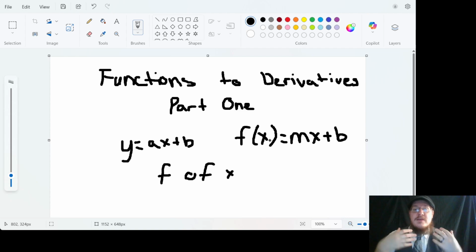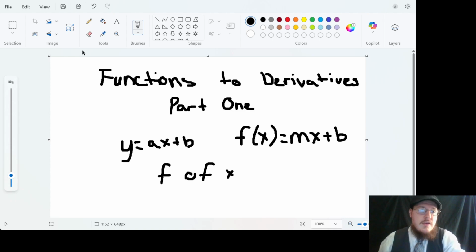Now, I'm doing this bit of intro here because we're going to be leading from functions into derivatives. We have to deal with these derivatives at some point in your schooling, and I'm going to just do a quick bounce from one to the next because you can do that, and these lessons will be meshing together, leading from one to the next. So I'm just going to give you guys a bit of an intro here, get you started with it, and work our way into talking about these derivatives.